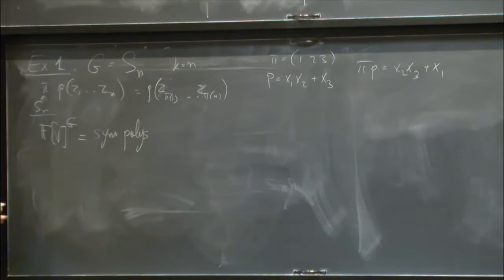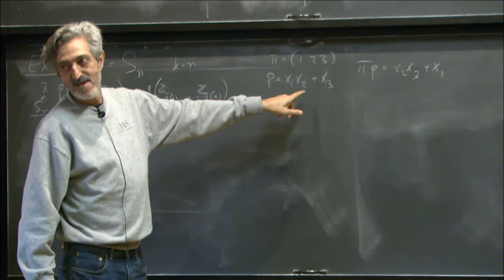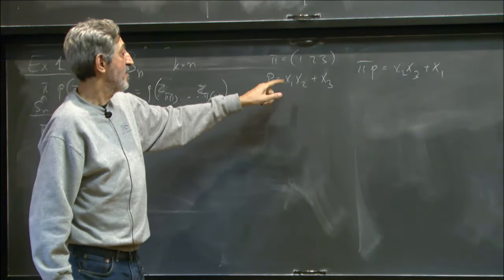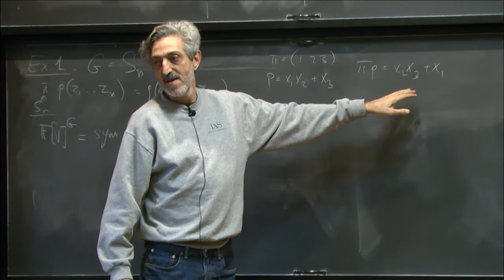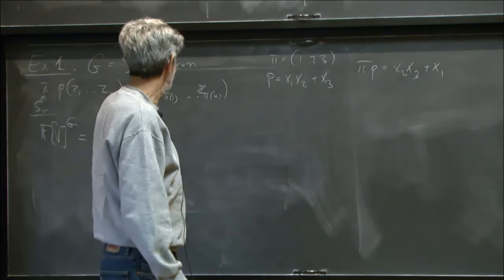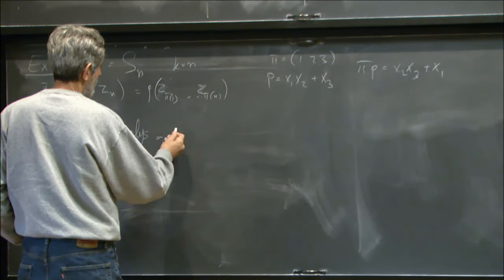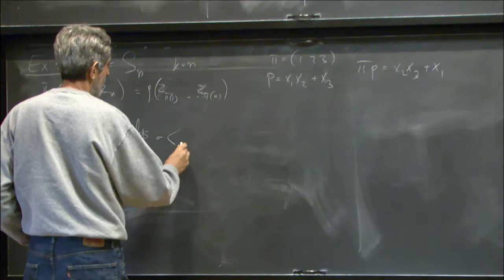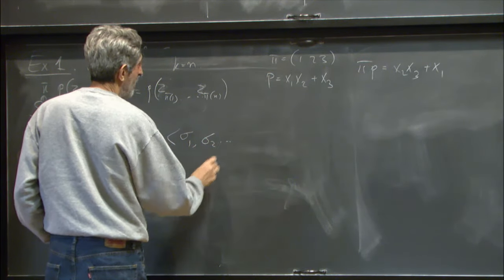Just polynomials that look the same if you permute the names of the variables. So this is not a symmetric polynomial, right? Because when we apply some permutation to it, we get another polynomial. But on the other hand, let me give you some symmetric polynomials which actually are a generating set for it.